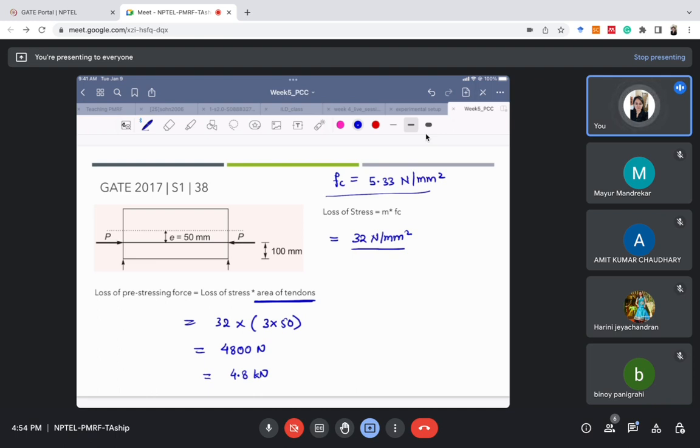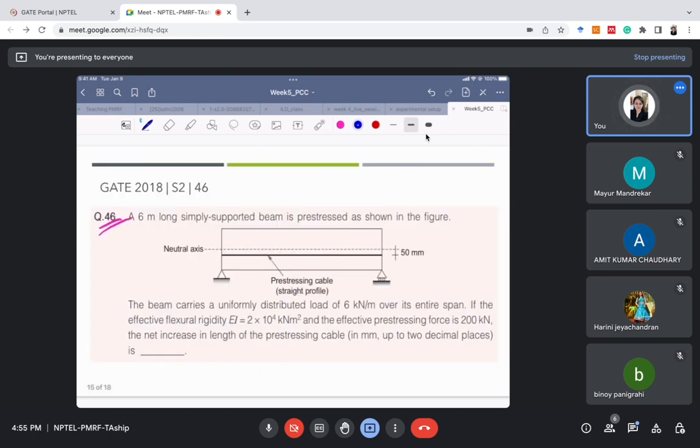So if there are no doubts, then I'd like to close the session for today. You can note this problem for your practice. Just take a picture and try to solve it. Let's see if you can solve it or not. Any suggestions you can give me if you want a session on a particular topic? Otherwise, I think next session.